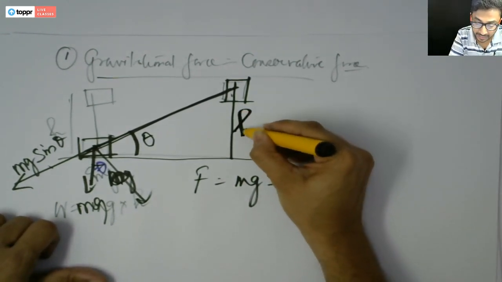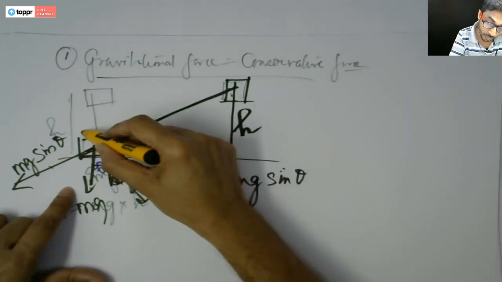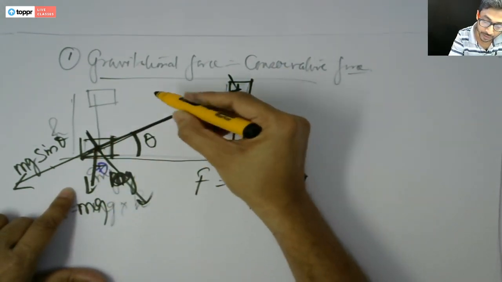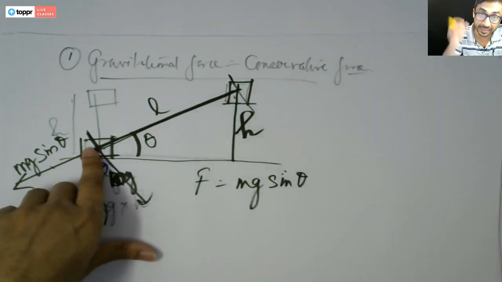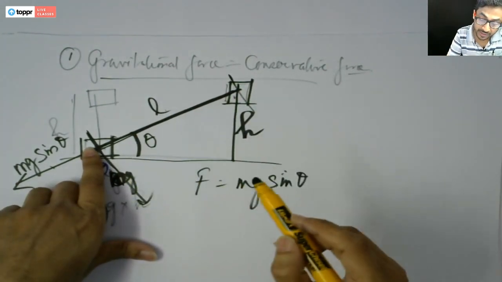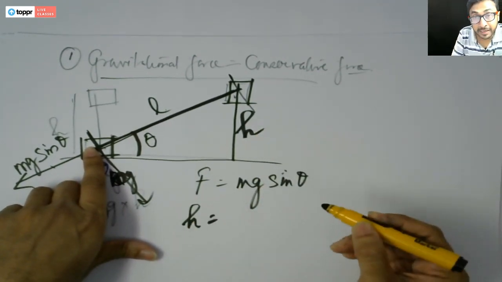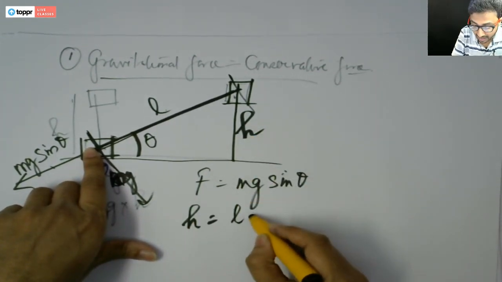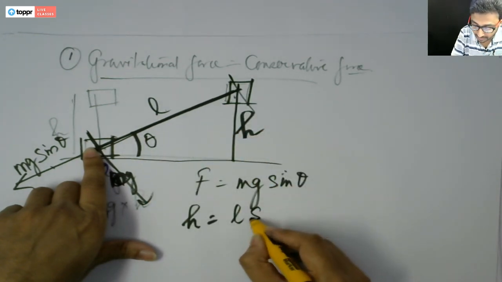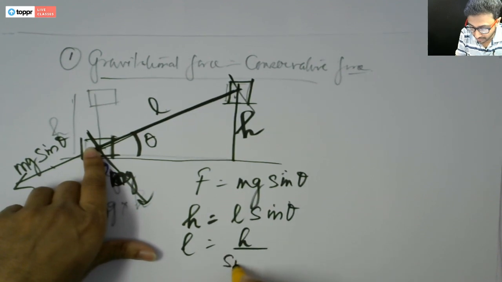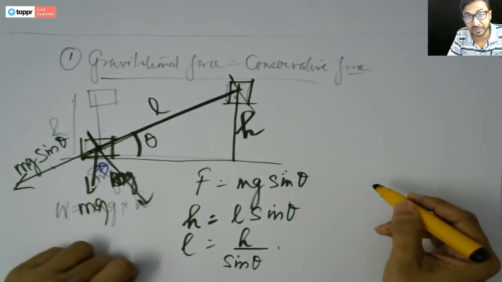Now this is h. Now we are taking the body from this point to this point, that is, this length L. Now what is the length L in terms of h? You can see h is nothing but L sine theta. So L equals h by sine theta.